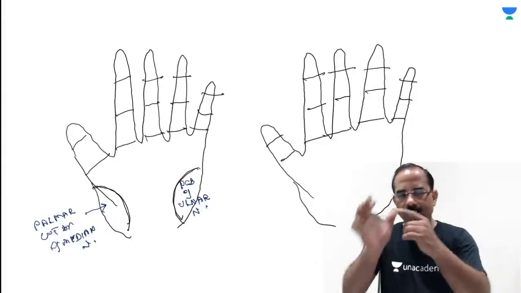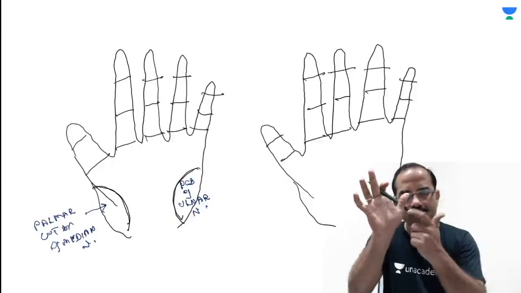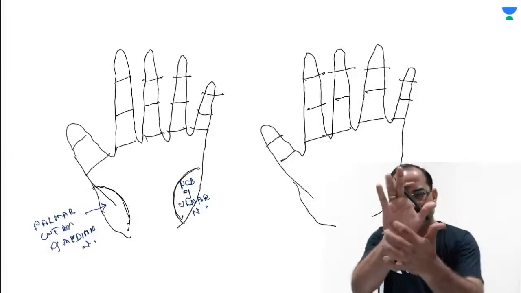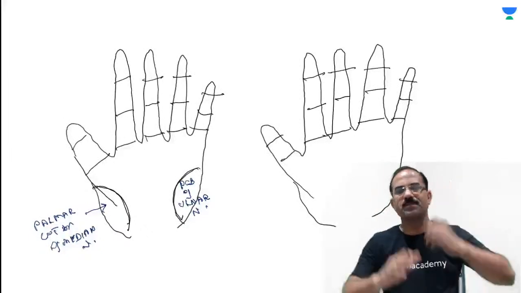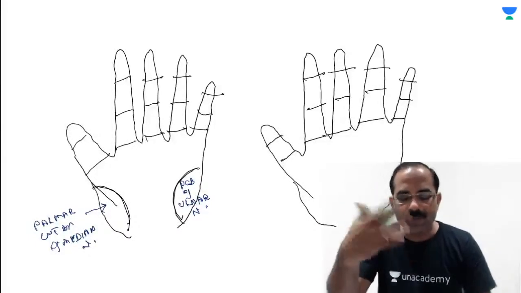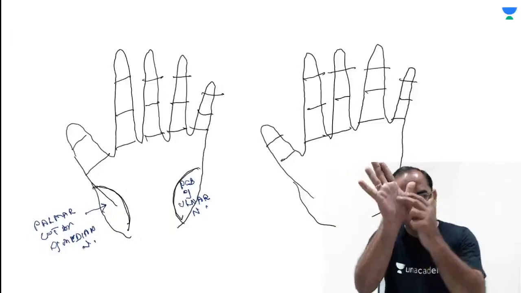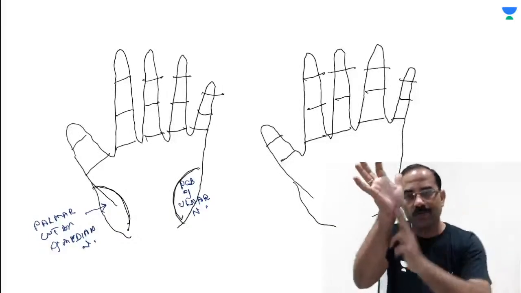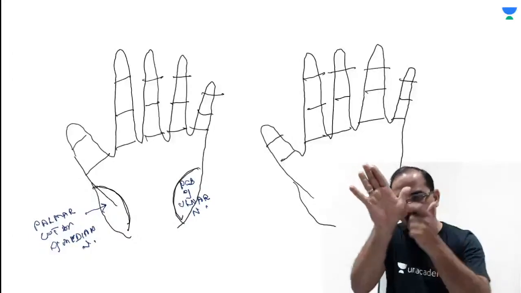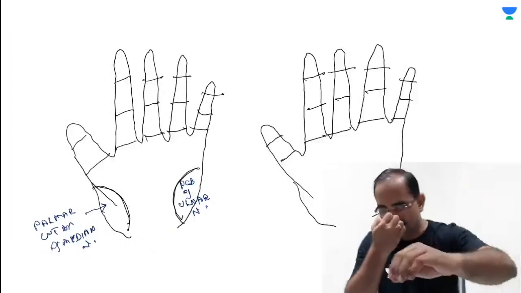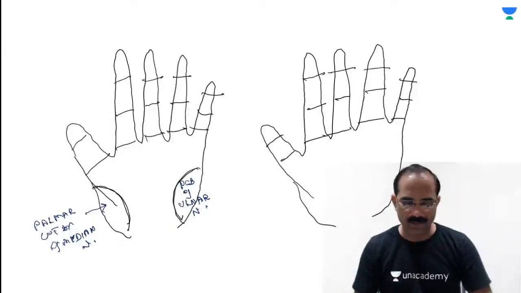So the skin over the thenar eminence is supplied by the palmar cutaneous branch of median nerve, and the skin over the hypothenar eminence is supplied by the palmar cutaneous branch of ulnar nerve. And you know what is the importance of these two nerves? Both these nerves go above the flexor retinaculum. We had written this.